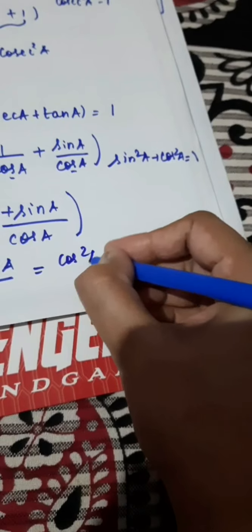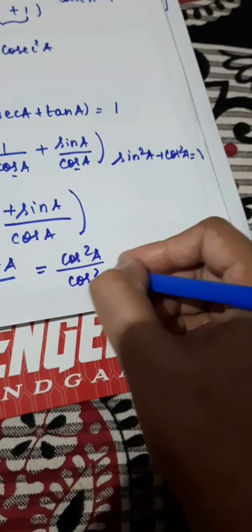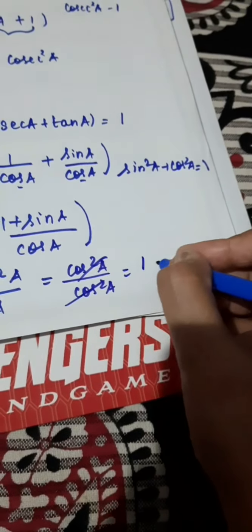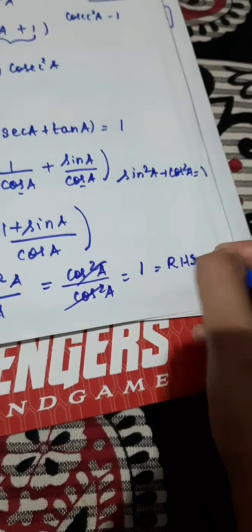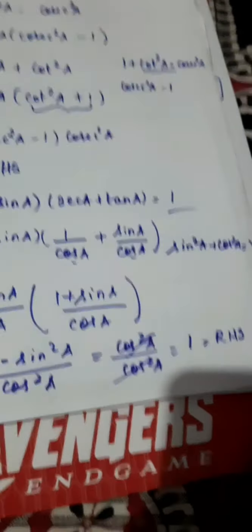So this is cos square A by cos square A, which is 1, which is the RHS, hence proved.